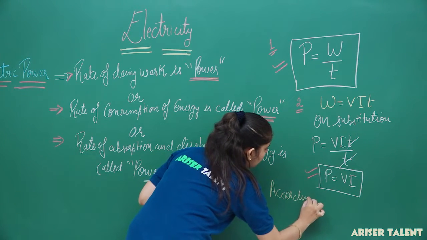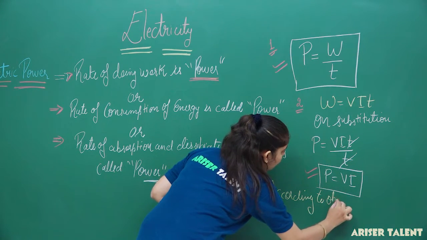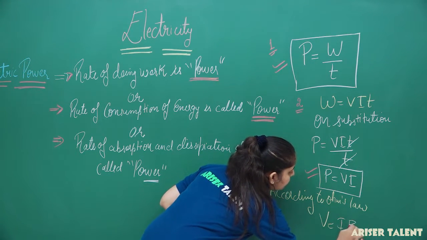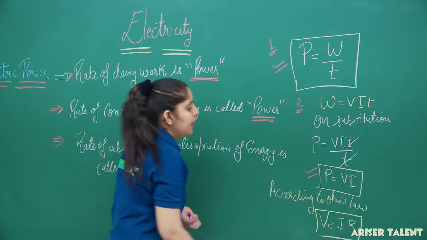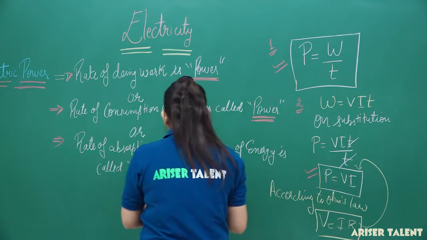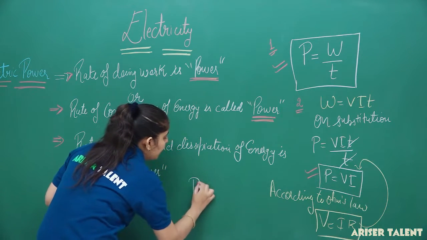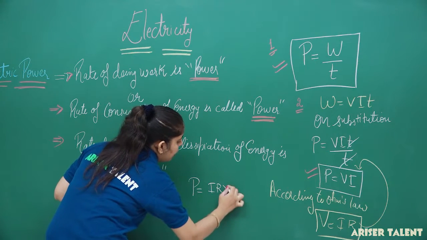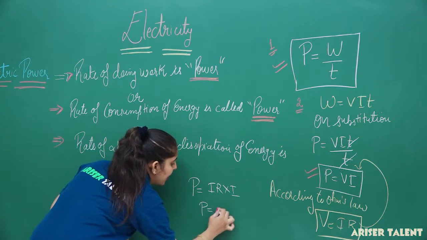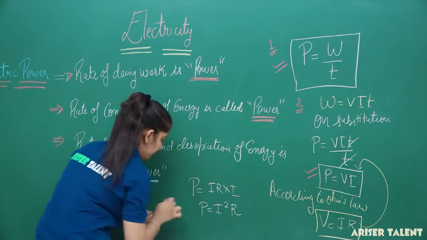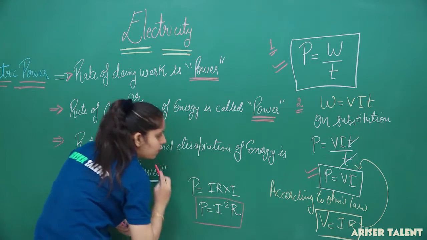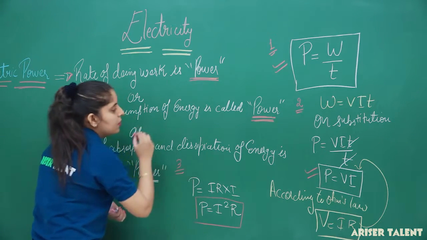If I substitute the value of V in this equation, I get P equal to IR into I, and so P equal to I square R. So again, this is the third formula for power we have.